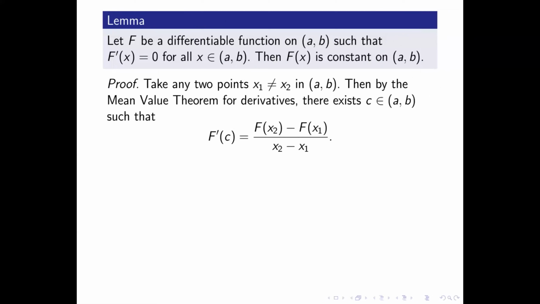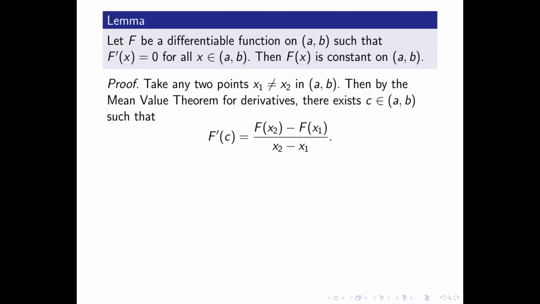Now we apply the mean value theorem for derivatives to the function f and these two points x1 and x2. The mean value theorem says that there is a point c between x1 and x2 so that f prime of c is equal to this quotient.